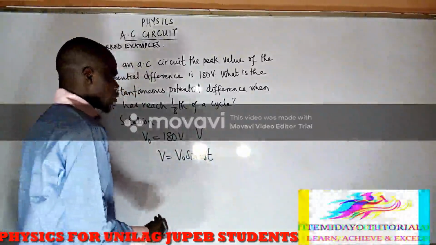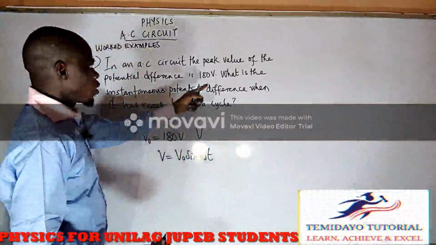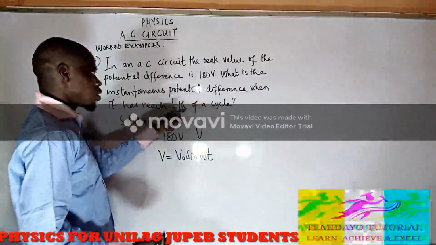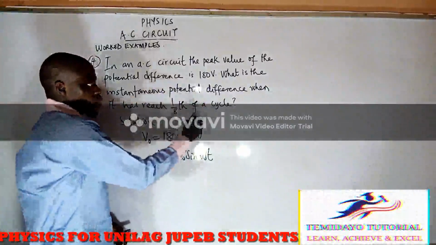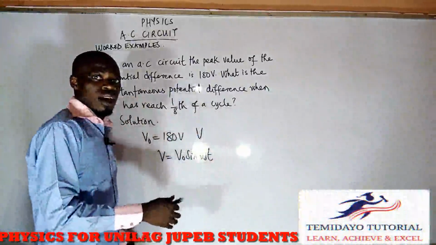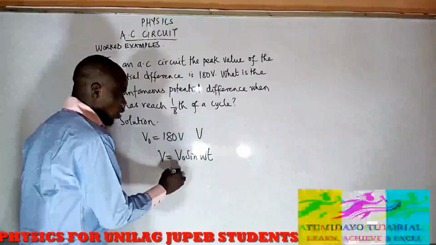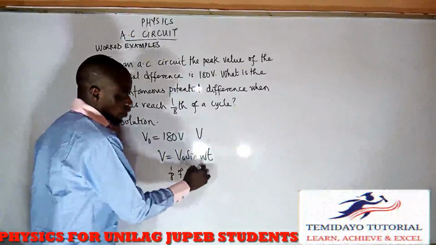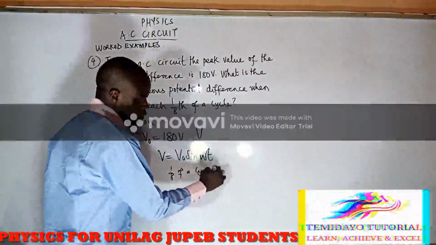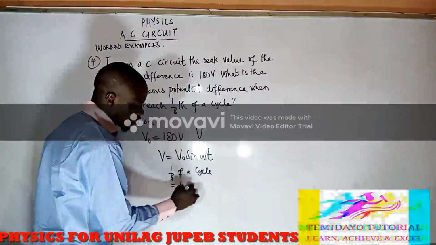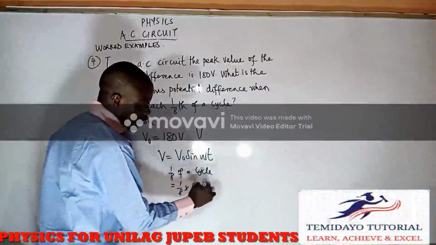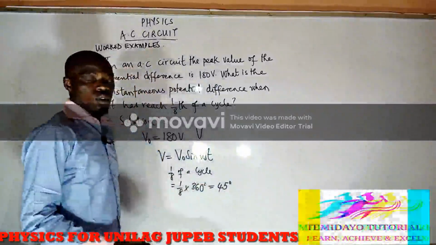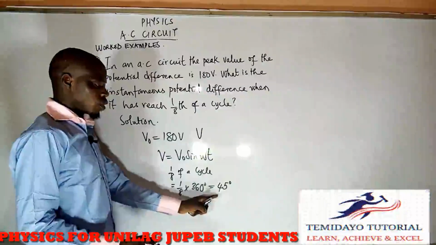And what other things were we given? What is the instantaneous potential difference when it has reached 1/8 of a circle? A circle is a complete 360 degrees. So 1/8 of a circle is the same thing as 1/8 times 360 degrees, and that will give us 45 degrees.